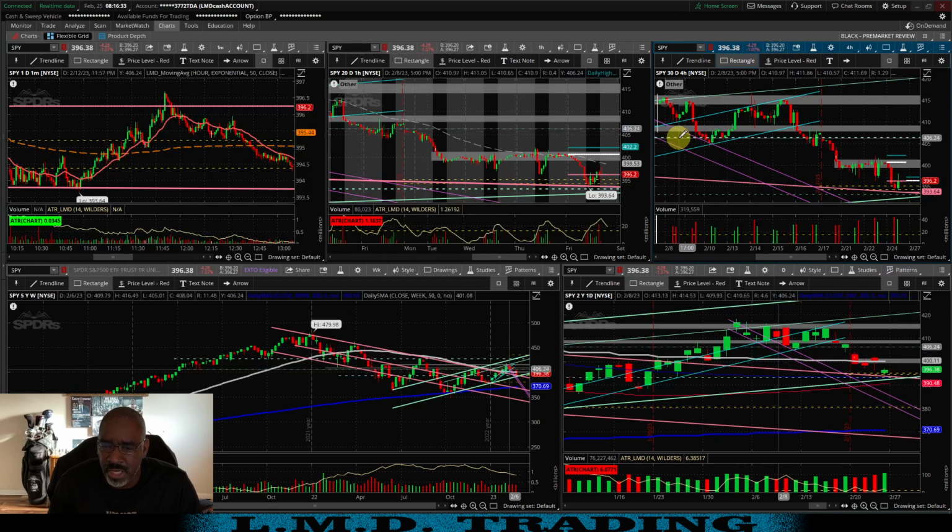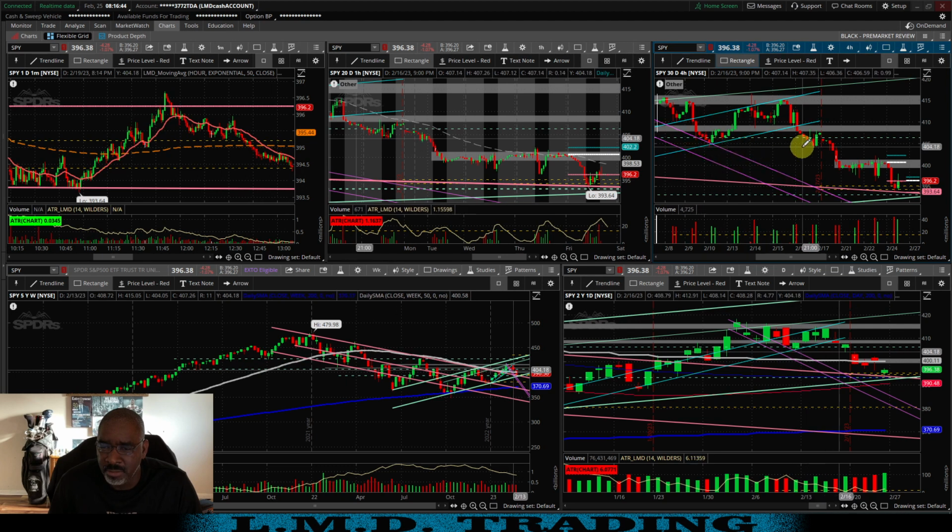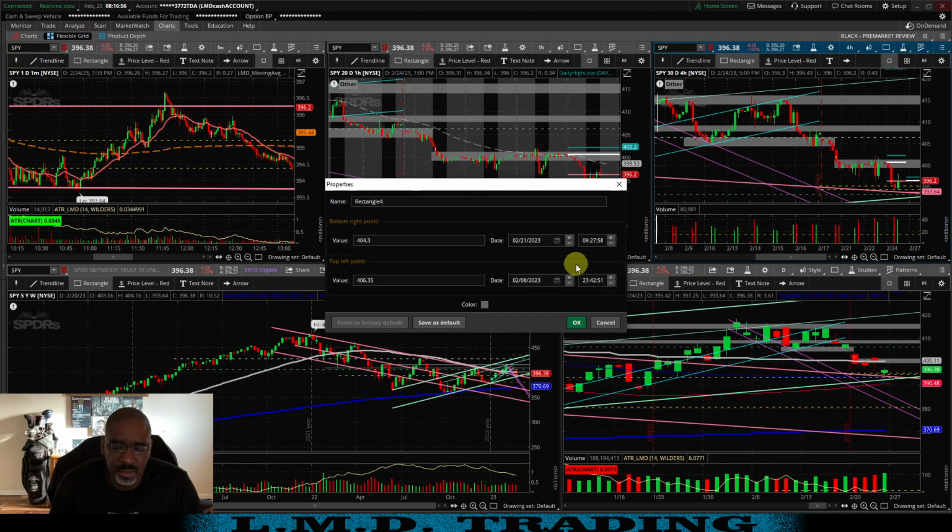So you see I have a green price level line that's right here. And then we got these little bottoms that came out. I'm gonna actually draw a rectangle for that area. So I'm gonna use the bottoms of those candles, draw that, and then extend this out.